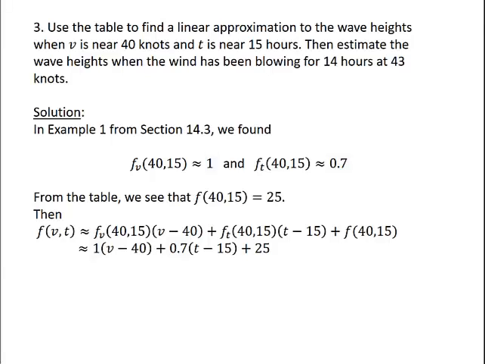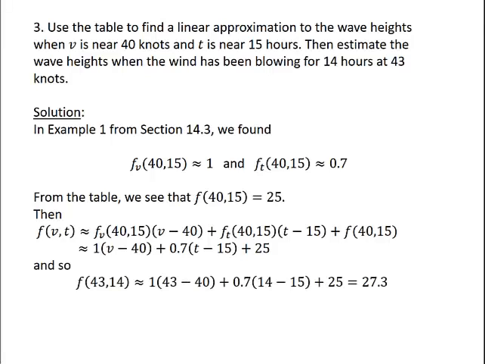So when we clean it all up, we get this nice linear approximation that our function is approximately (v minus 40) plus 0.7 times (t minus 15) plus 25. And so we can then approximate the value of the function at (43, 14) by replacing v with 43 and t with 14. So we get a value of 27.3.